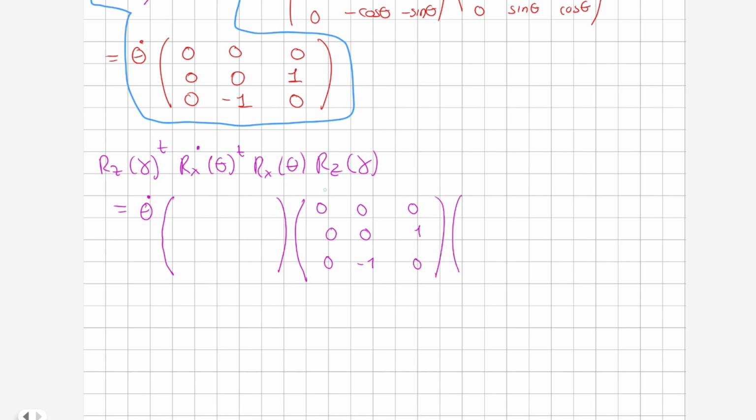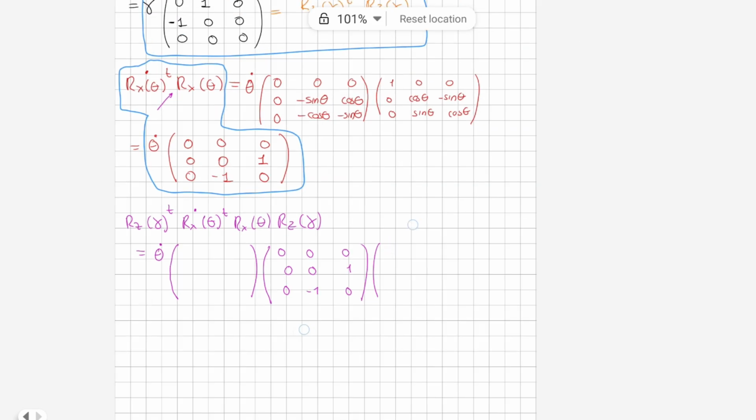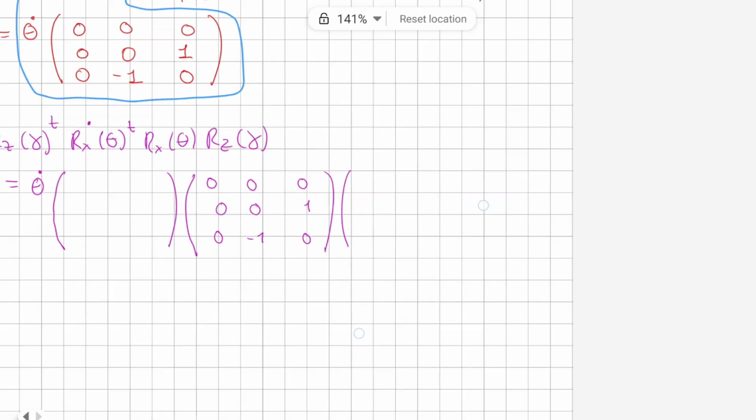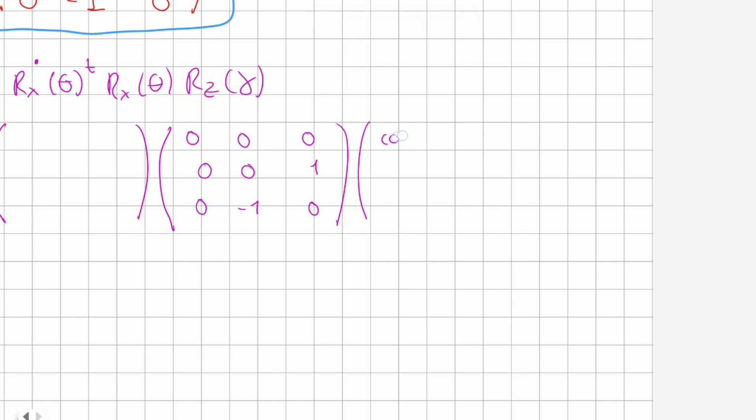And then this is going to multiply Rz gamma. But Rz gamma, remember, is cosine of gamma, minus sine gamma, 0, sine gamma, cosine gamma, 0, 0, 0, 1.